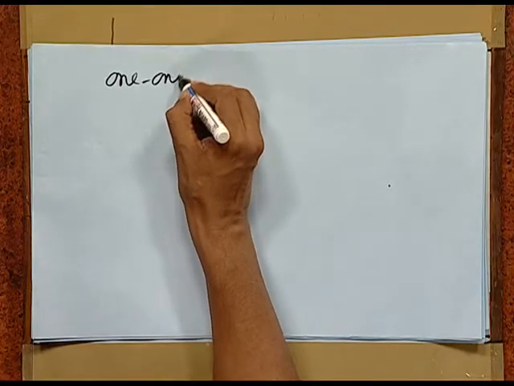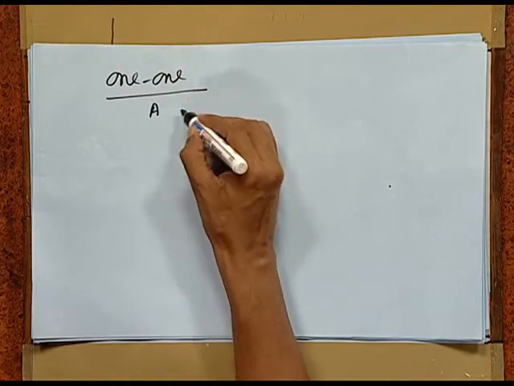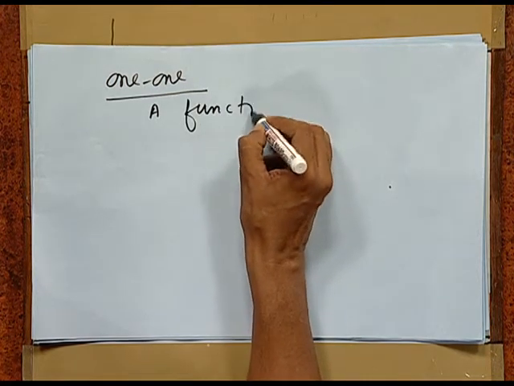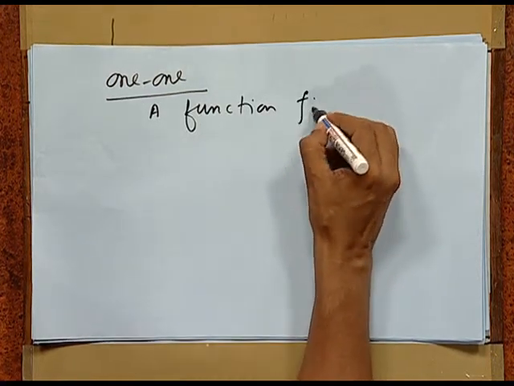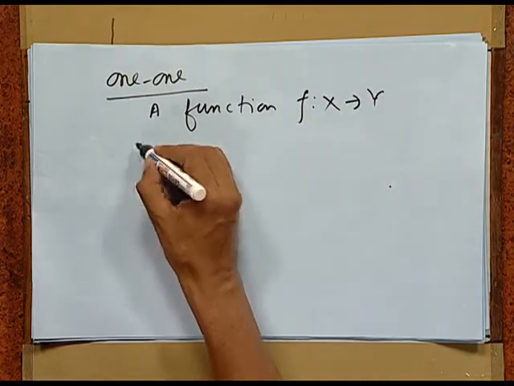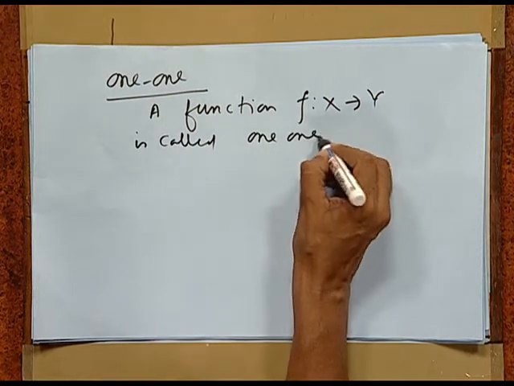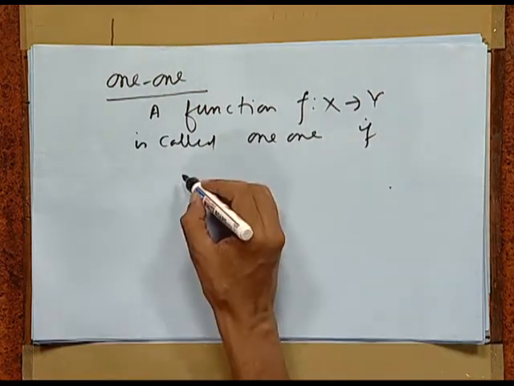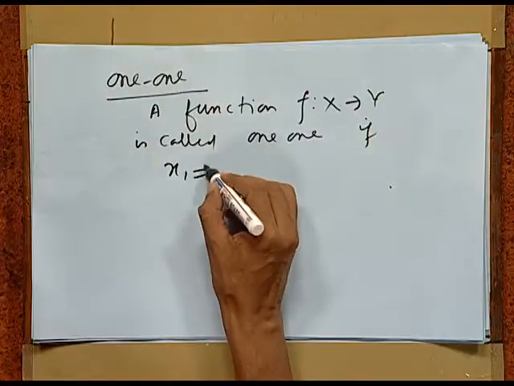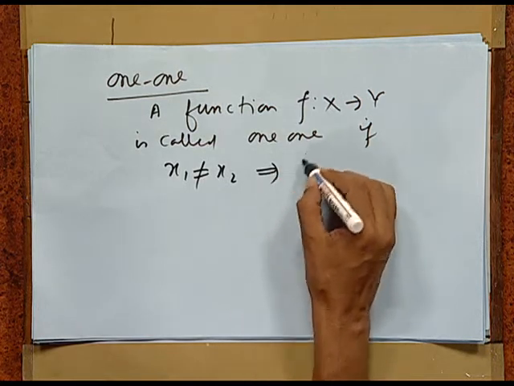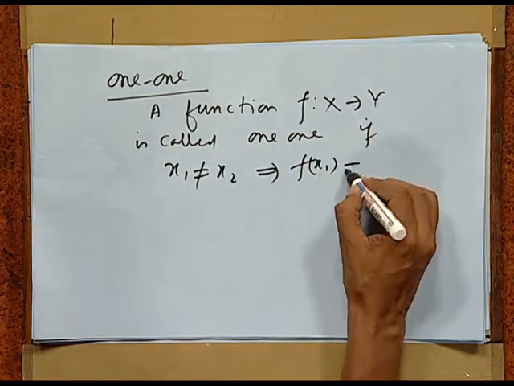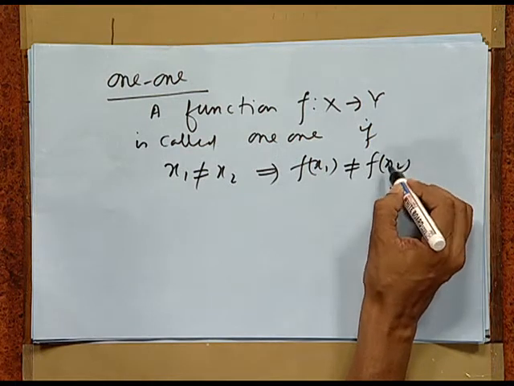Now, we define what is known as one-one function. A function f: X to Y is called one-one if different elements give different image, that is x1 not equal to x2 implies f(x1) not equal to f(x2).